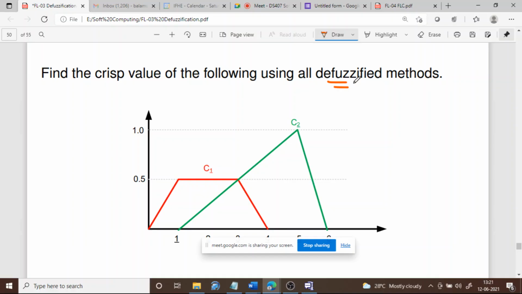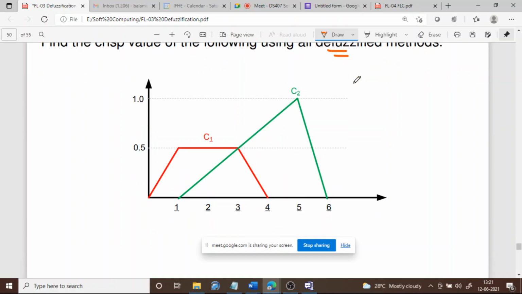Consider only this function, only C2. Don't consider C1. If you consider only C2, and if you apply the maximum height technique, then what will be the defuzzified value, or the crisp value, for this membership function C2?